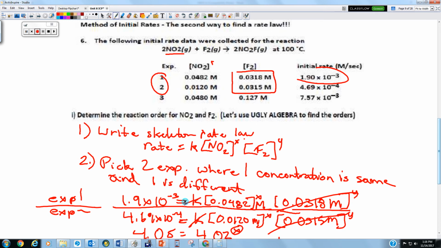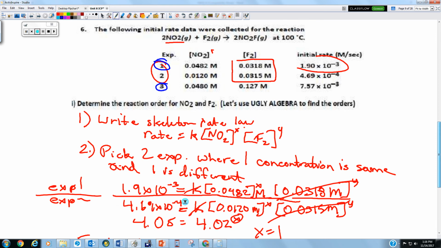We use two different experiments. Yes. So let's go with a different color. All right. So can you see that the concentration of NO2 is the same for that one? So that means that NO2 is going to essentially cancel out on this one. All right. So we already have our x, so that's just going to let us solve for our y this time.